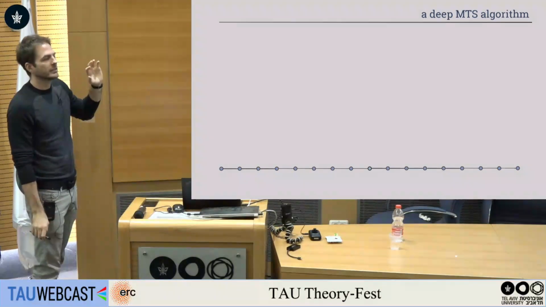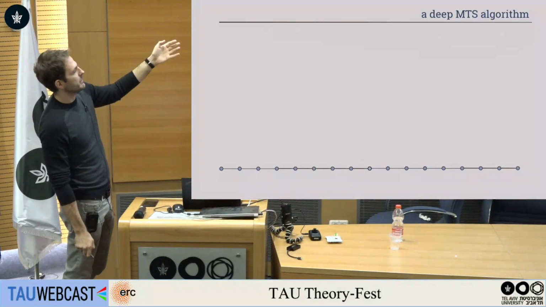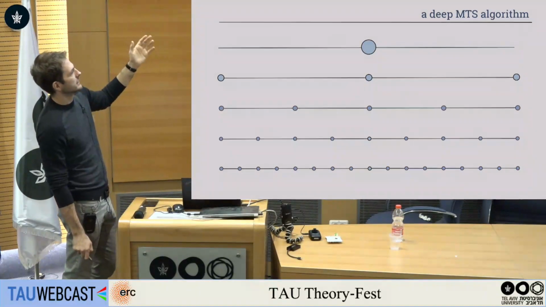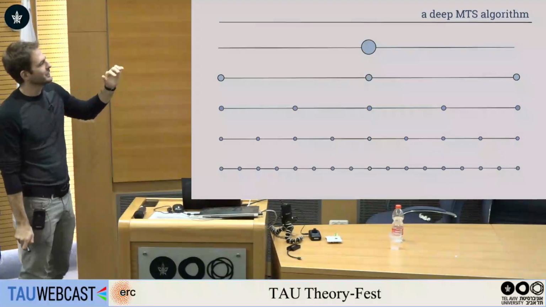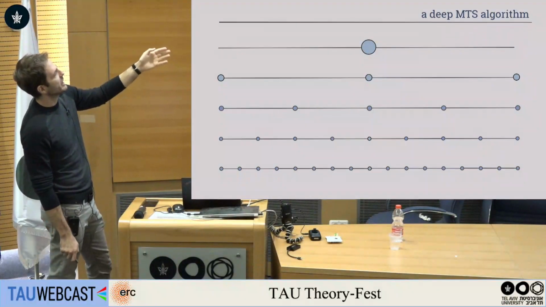Okay, so here's the algorithm. First I'm going to build a deep net on the line. It's a convolutional network. I'm not saying what I'm doing here, but I hope it was clear.